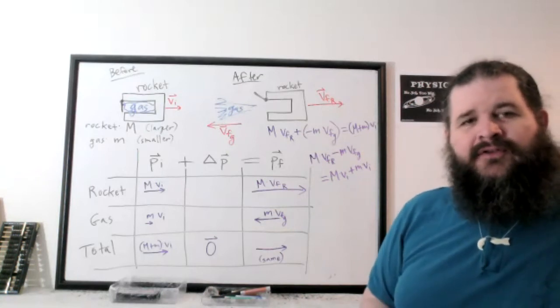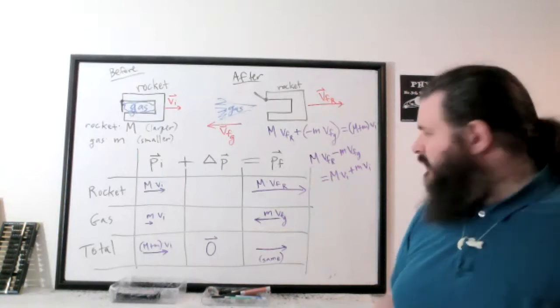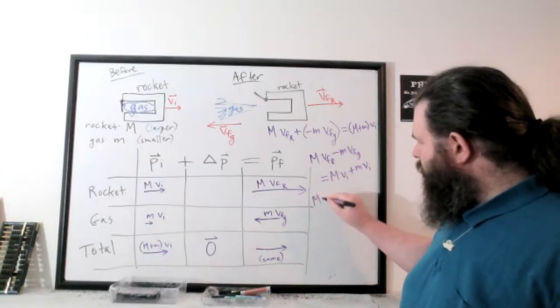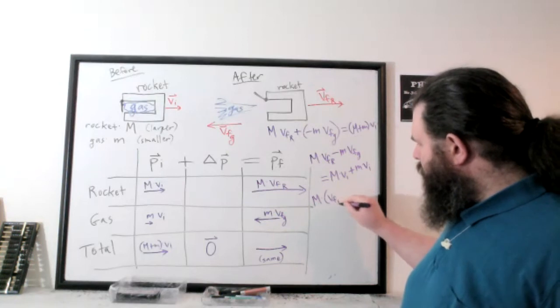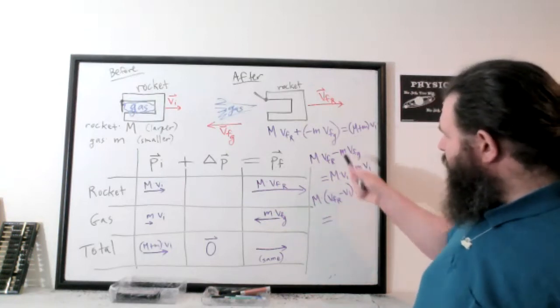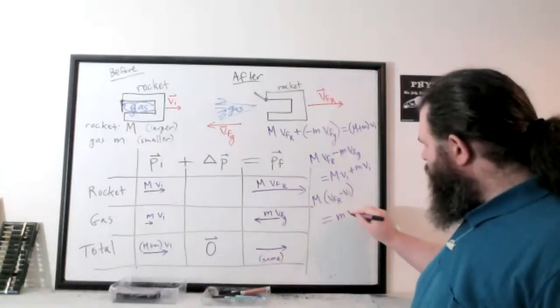We could actually solve this for how much the rocket's velocity is changing if we subtract big M V initial from both sides, and add this to both sides.